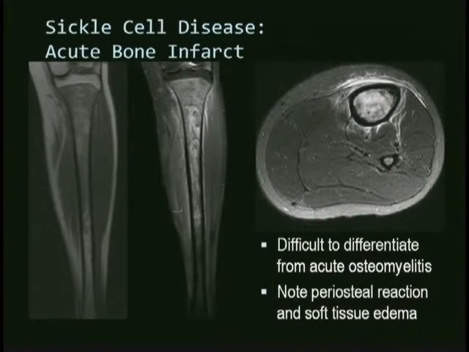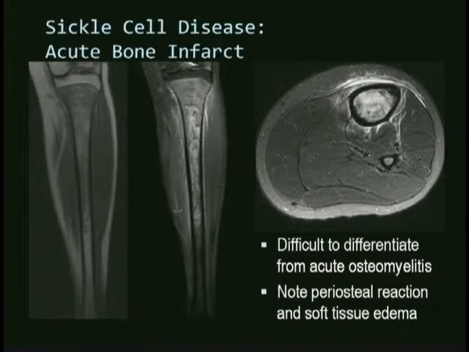So you don't have that classic serpiginous low signal intensity line. You have more a diffuse pattern of edema, which in the right clinical setting is consistent with an acute bone infarct. Now it's difficult to distinguish that from acute osteomyelitis, which, because she had sickle cell disease, is in the differential.